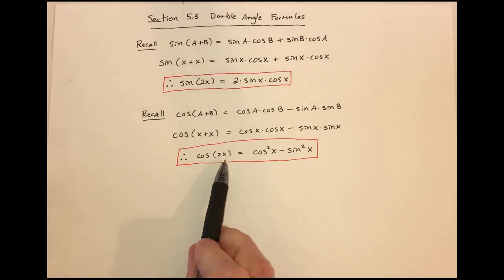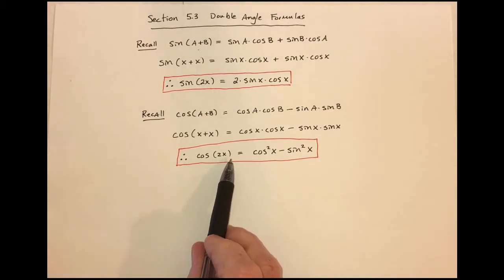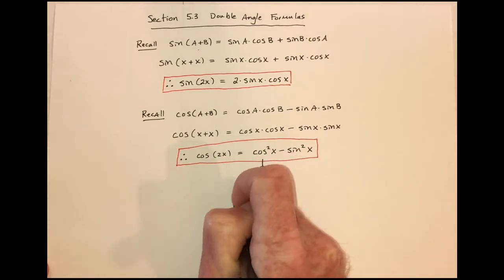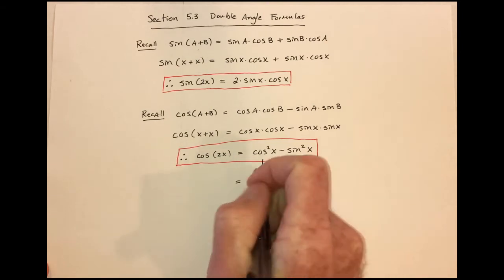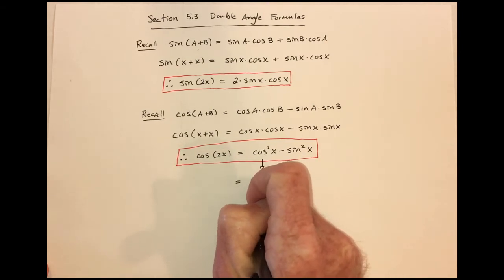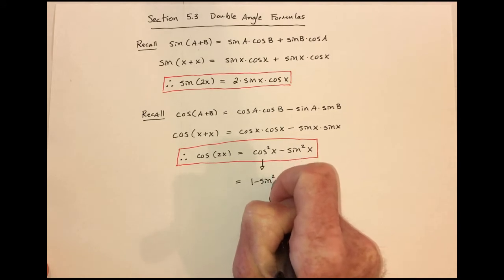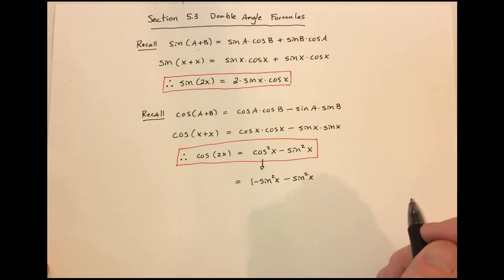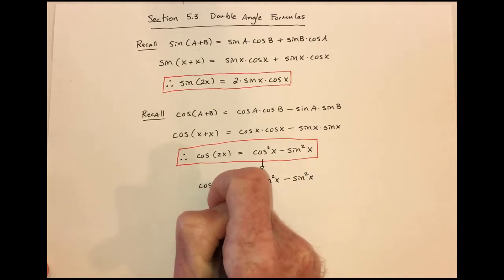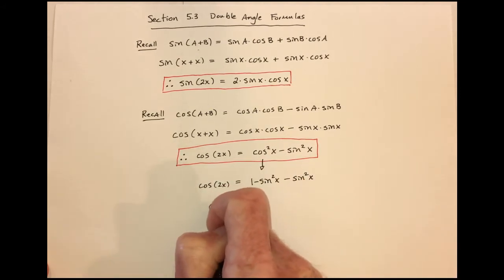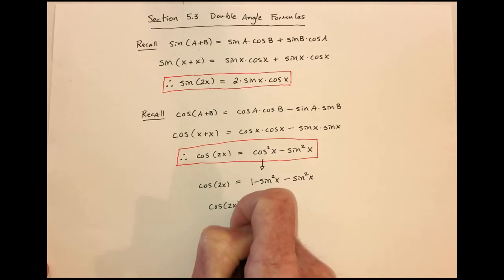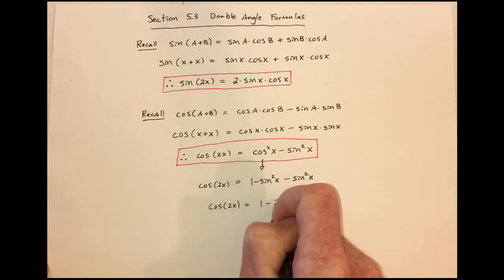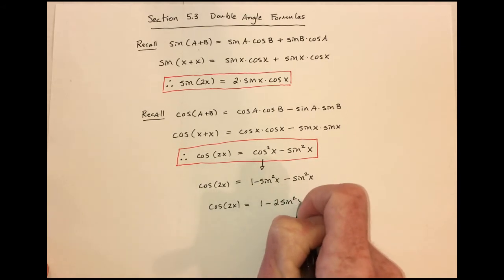Now there's actually two other forms of this, because what I could do is, on this one, I could replace cosine squared with 1 minus sine squared. And that means that cosine of 2x, once you combine these two, is going to be 1 minus 2 sine squared of x.